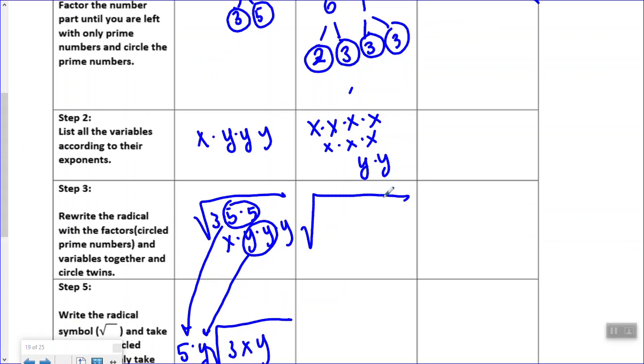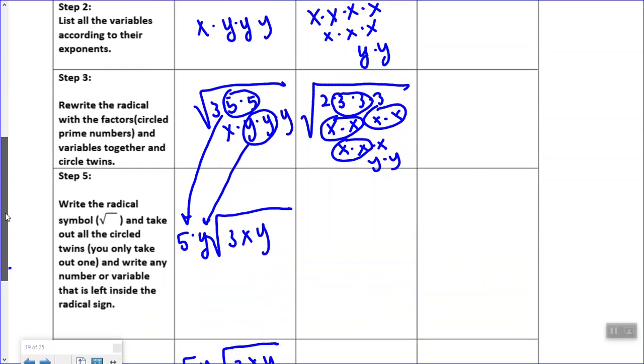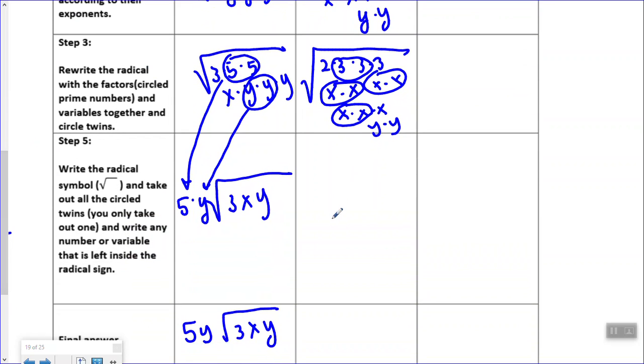So draw the radical, you have 2 times 3 times 3 times 3, x times x times x times x times x times x times x, y times y, and you're gonna circle twins: 3 times 3, x times x, another pair of x.